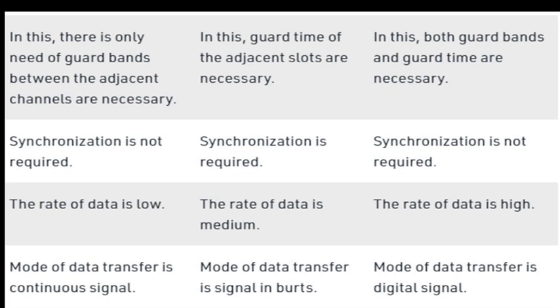The rate of data is low in FDMA, medium in TDMA, and in CDMA the data rate is very high. The mode of data transfer is continuous signal in FDMA, the signal is bursts in TDMA, and the mode of data transfer is digital signal in CDMA.